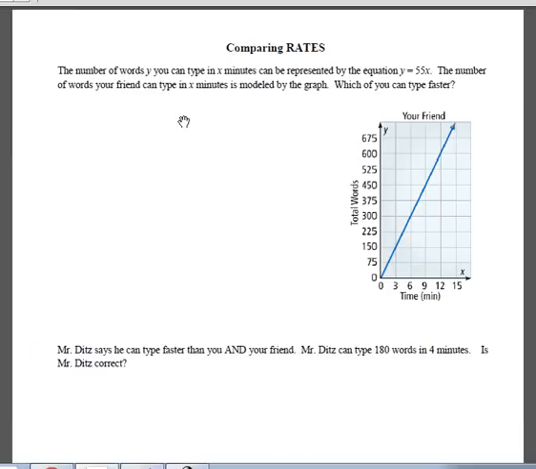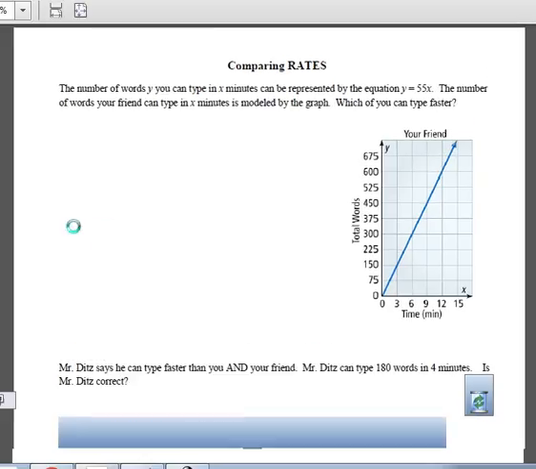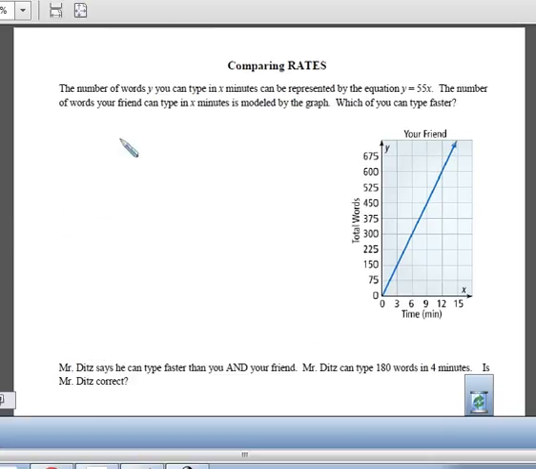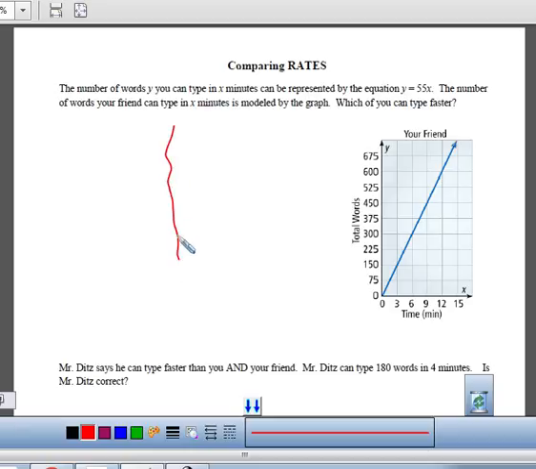The number of words, y, you can type in x minutes can be represented by the equation y equals 55x. The number of words your friends can type in x minutes is modeled by the graph. Which of you can type faster? Alright, so let's split this in half.